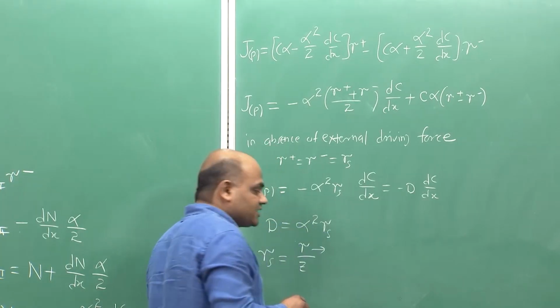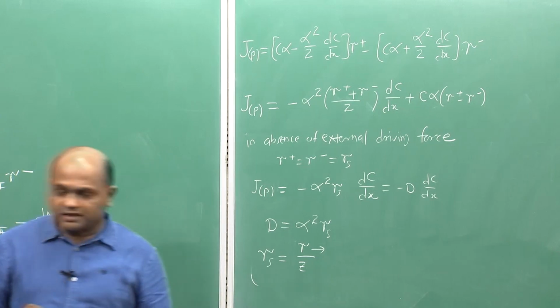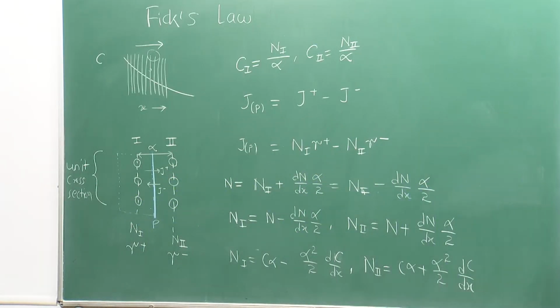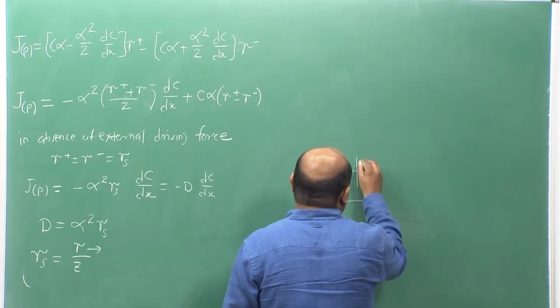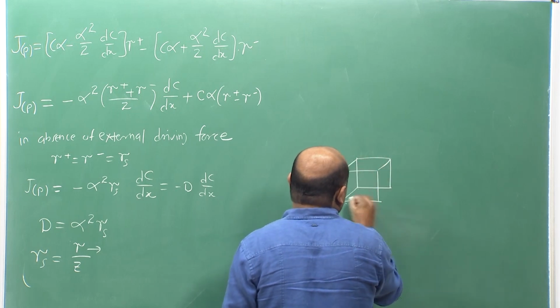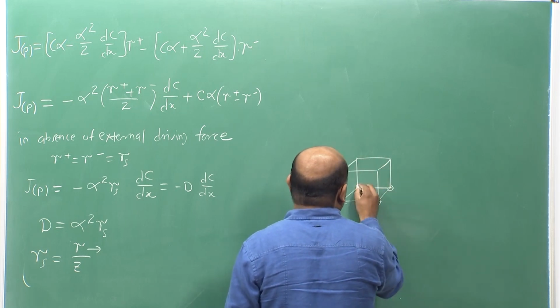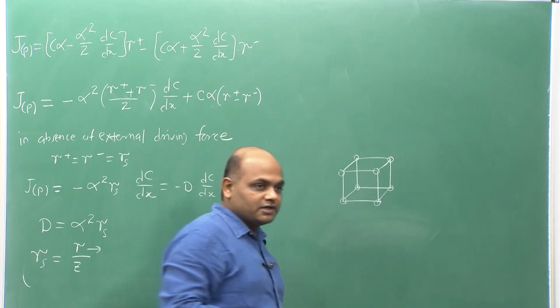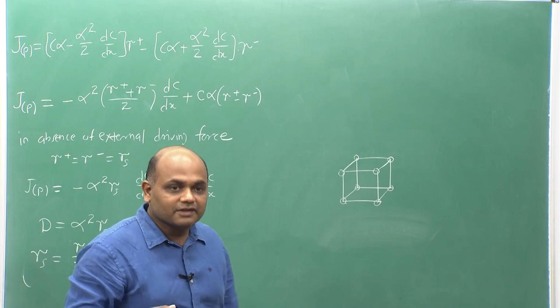So, in this case, if we consider the simple cubic lattice, what is the coordination number? 6, right.